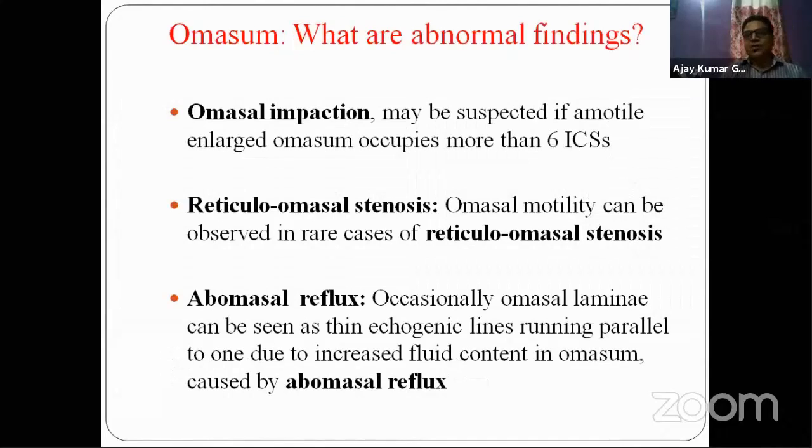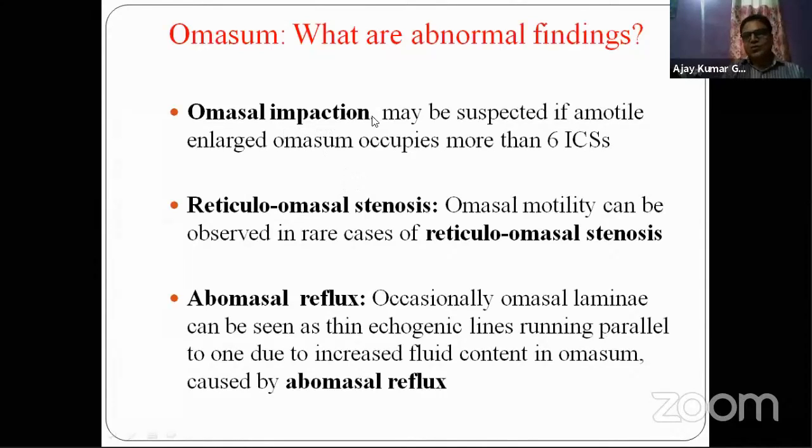So what are the abnormal conditions or abnormal findings in case of omasum? One is the omasal impaction. As in the beginning itself, I told you that the changes in diseased omasum and healthy omasum are not very characteristic. So it is very difficult to diagnose conditions based on ultrasonography alone. However, it can definitely help in assisting the diagnosis.